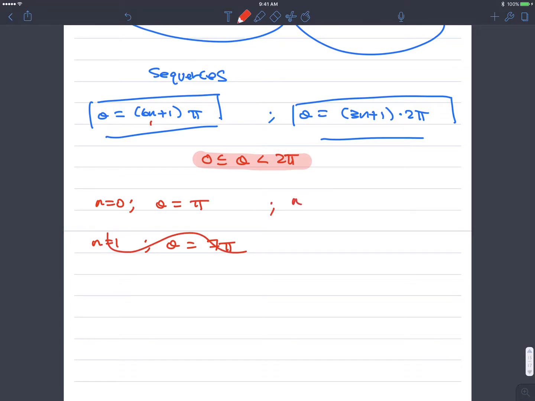Do the same thing for the next equation. N is 0. Theta becomes now 2 pi. Is that true? Double check. Is that right? Did we do the right algebra? Looks okay to me. So what do you think this means now? What do I do? Do I keep this solution or do I throw it out?